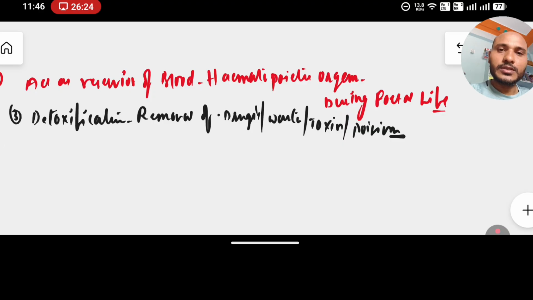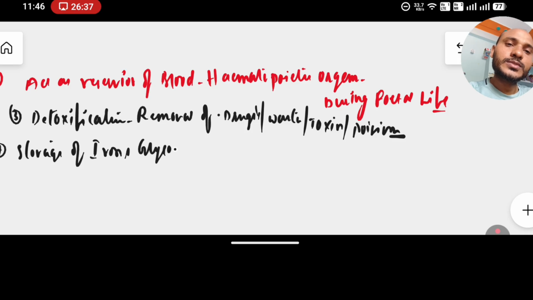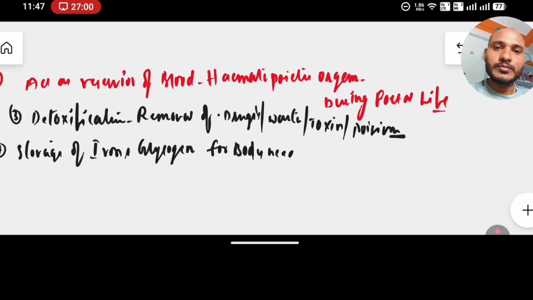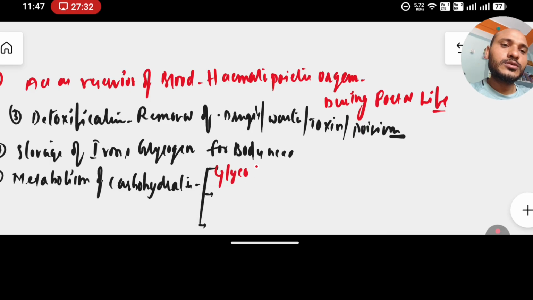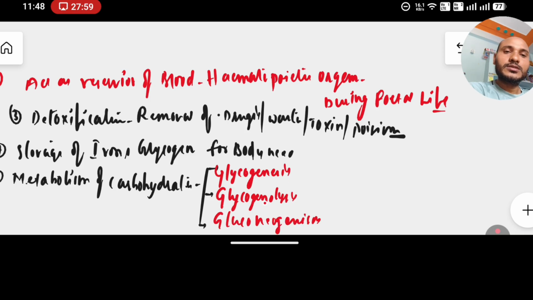The liver also plays an important role in the storage of iron and the storage of glycogen for the body. Next, metabolism of carbohydrates. The first is glycogenesis, the second is glycogenolysis, and one more important process is gluconeogenesis. These are the three processes of carbohydrate metabolism.